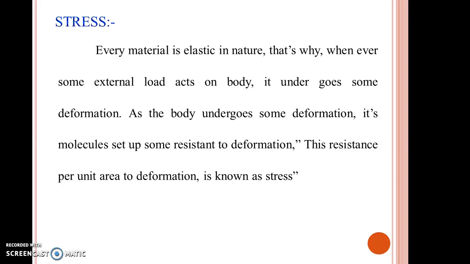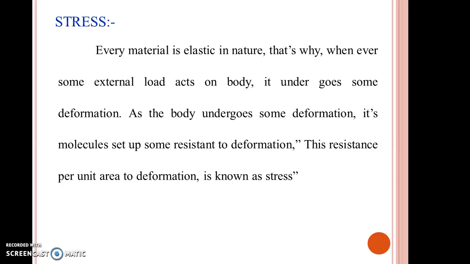In short, for good remembering, listen. Stress is denoted by sigma. Sigma is equal to force upon area. The force is nothing but the internal restoring force which opposes the load that comes on the object.